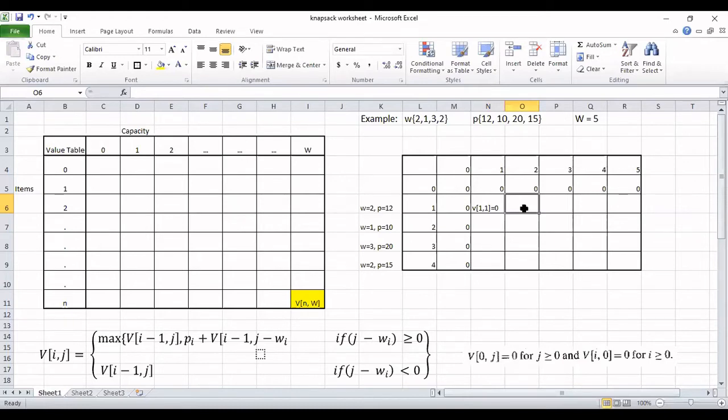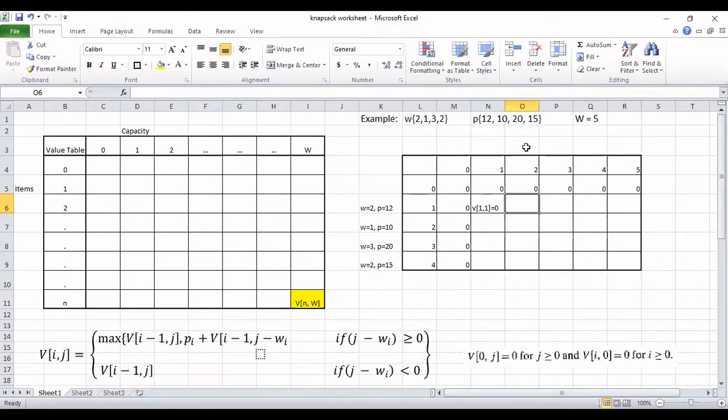Now can we move on to the next cell? The next cell value is V of 1 comma 2. Here item 1's weight is 2 and the capacity is 2.